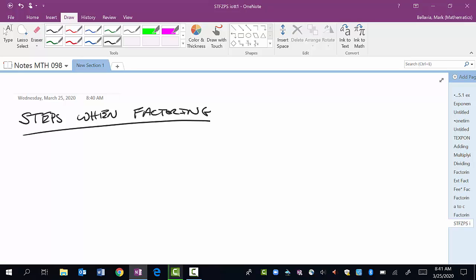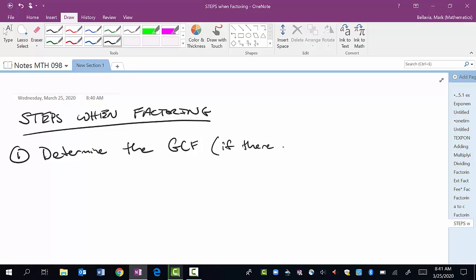Alright, so steps when factoring. And really, the first step, which I mentioned in all the other videos, is you want to determine the GCF, the greatest common factor, if there is one, and factor it out to the front.